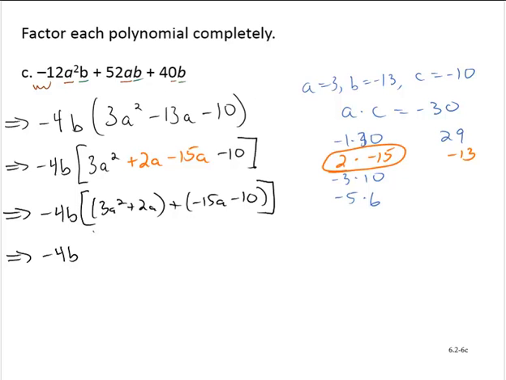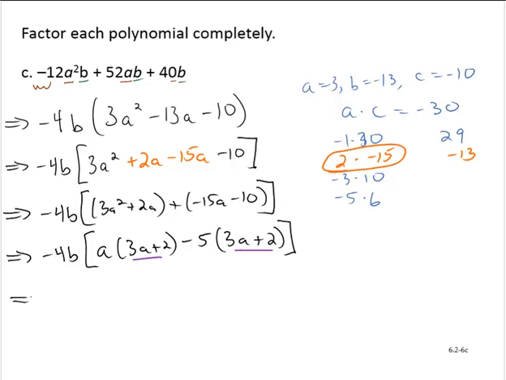From the first group, I can factor out a times 3a plus 2. From my second group, I factor out a negative 5. Negative 5 times 3a is negative 15a. Negative 5 times positive 2 is negative 10. We have that common binomial factor of 3a plus 2.